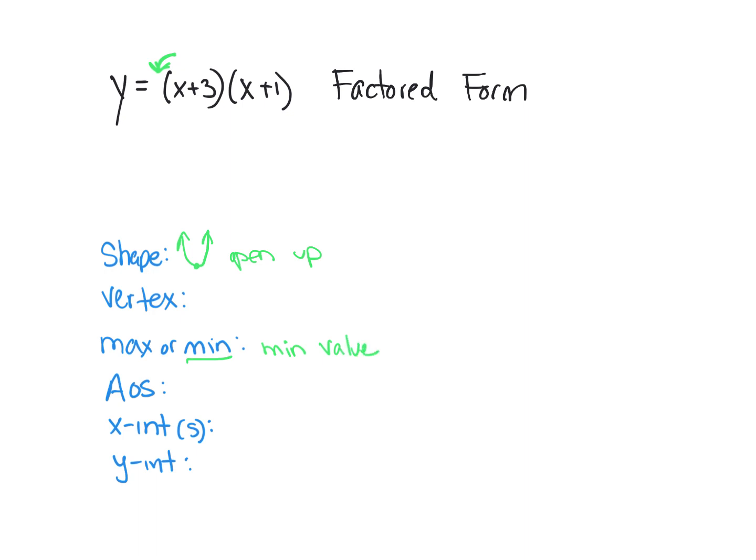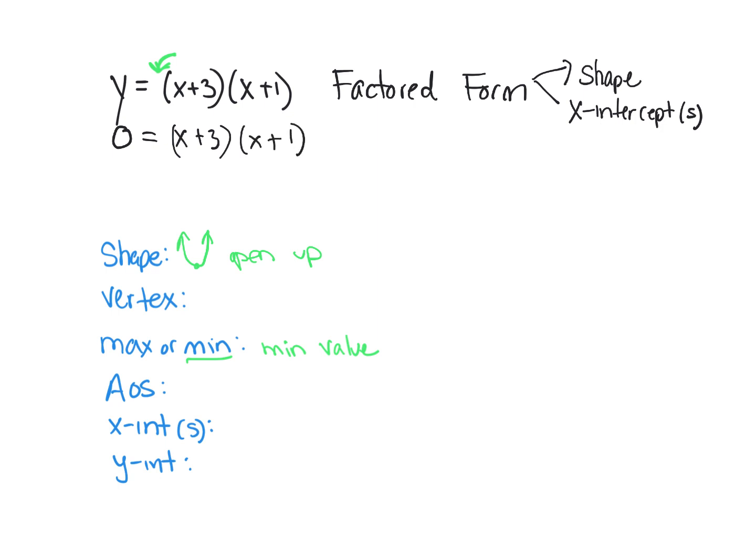Now, in factored form, what we can look at is we know the shape. The other thing that we can do pretty quickly is look for the x-intercepts. And if we want to know what the x-intercepts are, we let y equals 0 and we solve for the x's. If you remember, this is when we solve by factoring, this is what we call the zero product property.